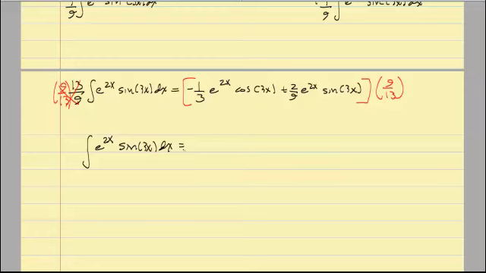is equal to, I'm going to leave the 9/13 out front, and I'm also going to find an e to the 2x that's common to both of these and factor that out. I'm just trying to factor this as we go. And it looks to me I'm left with a negative 1/3 cosine of 3x, plus 2/9 sine of 3x.